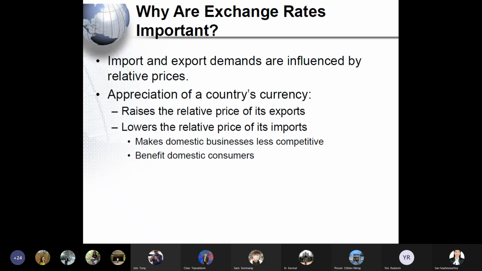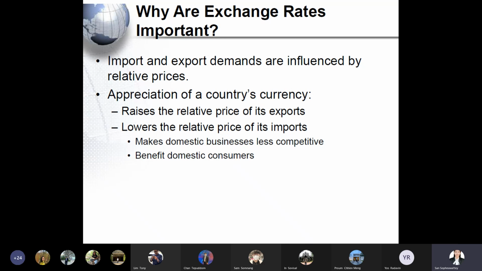So the appreciation of a country's currency can make domestic business less competitive, because the exports are expensive. So the demand for exports from the country must be less than before, and the business might suffer. The smaller companies, the smaller businesses, may need to go bankrupt or shut down, and only the monopoly or the oligopoly is left in the economy or in the markets.